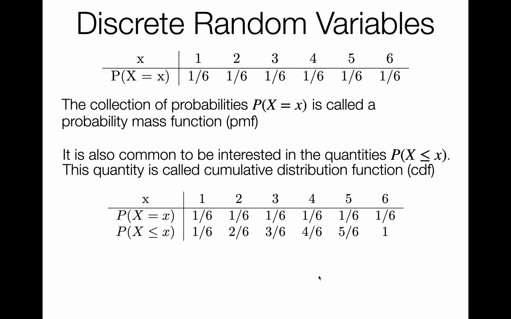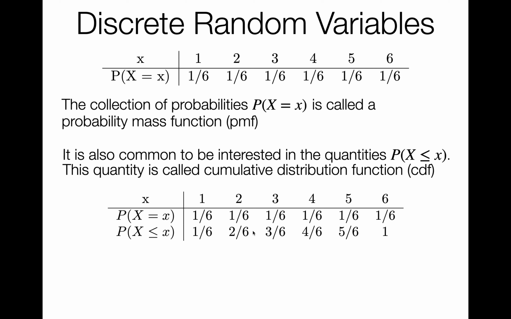And you'll notice in this table that if you look at any specific instance along this row of the numbers, so for instance at 3 it's 3/6, okay, or 1/2, you can find that number by going up to the second row and then adding everything at that point and to the left of it. So 3/6 is 1/6 plus 1/6 plus 1/6.